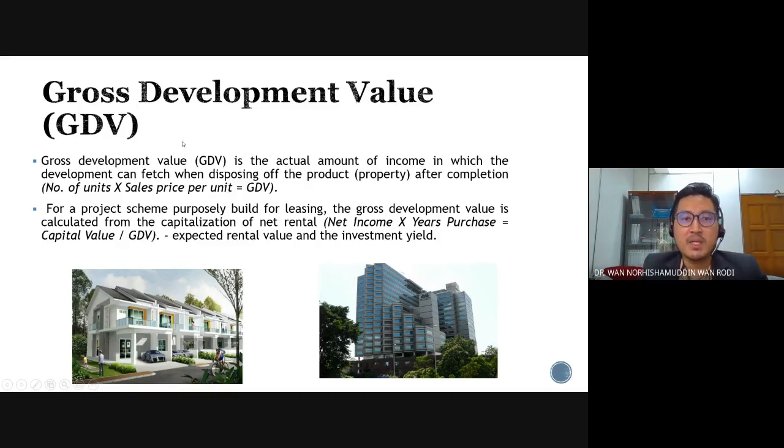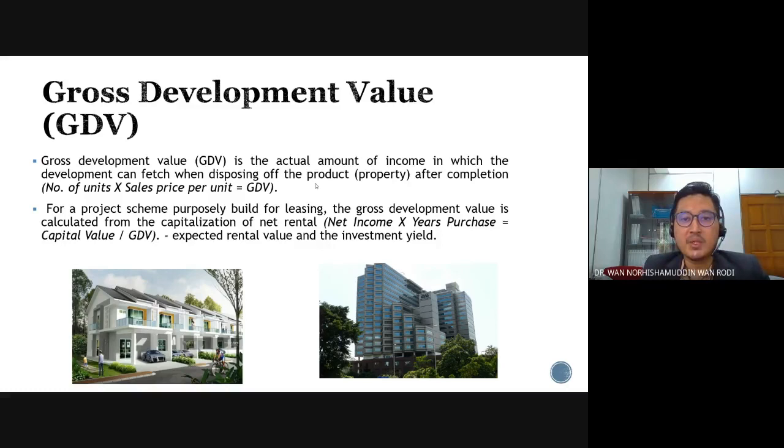Okay, another one. This one is different from the GDV from sales, whereby we are calculating based on the rental. So from rental, we could also estimate the GDV by estimating the net income or net rental, and then we multiply it with the years purchase in perpetuity, for example, and percentage, years purchase at an interest rate, for example, and then the final amount would be the capital value, or we can simply relate it to the gross development value.